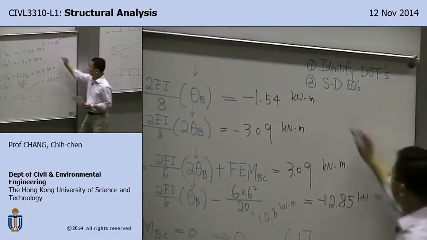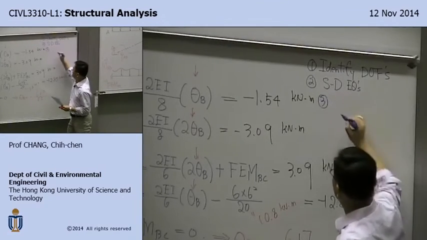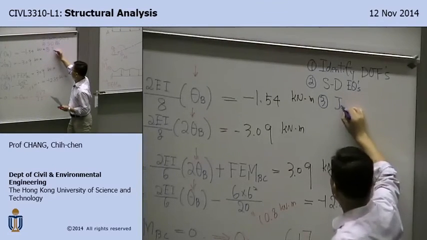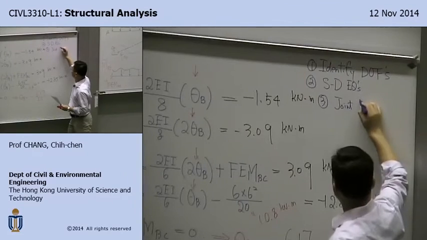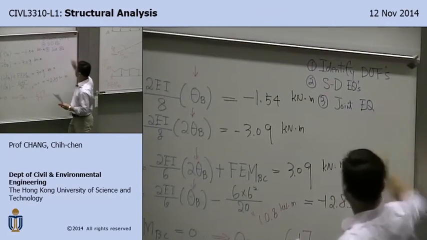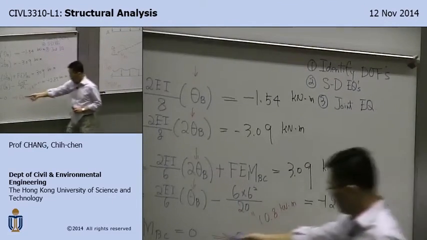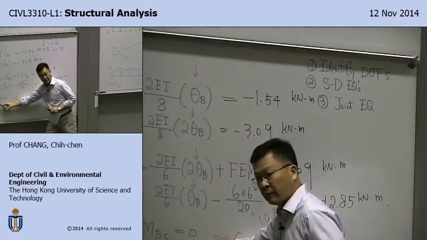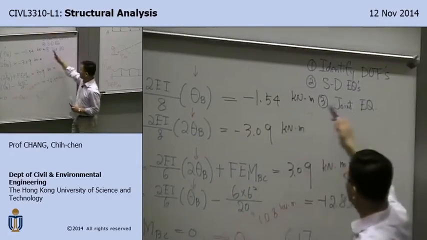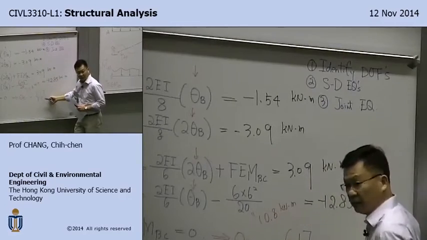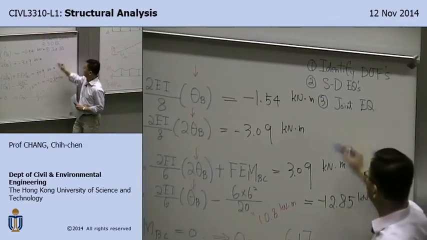Step 2. Step 3, joint equilibrium. Then use that, you'll be able to solve for the unknown, or degrees of freedoms.